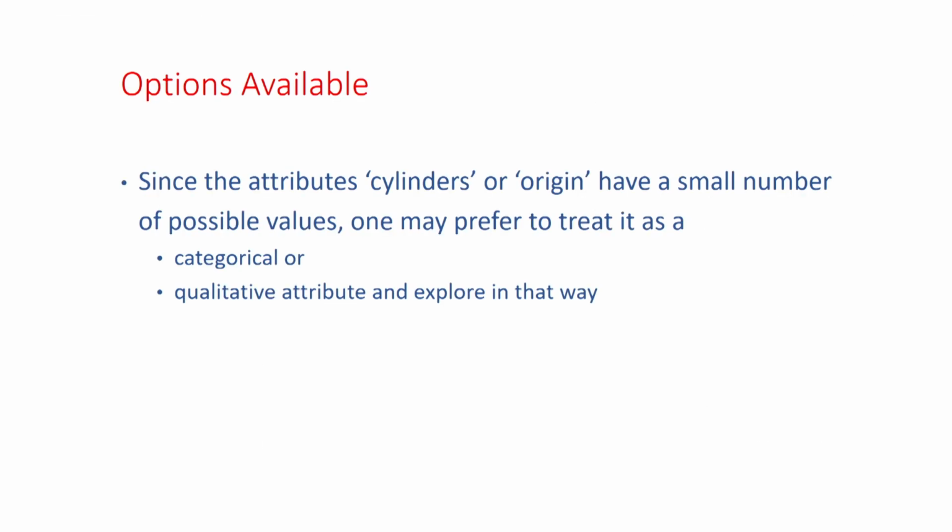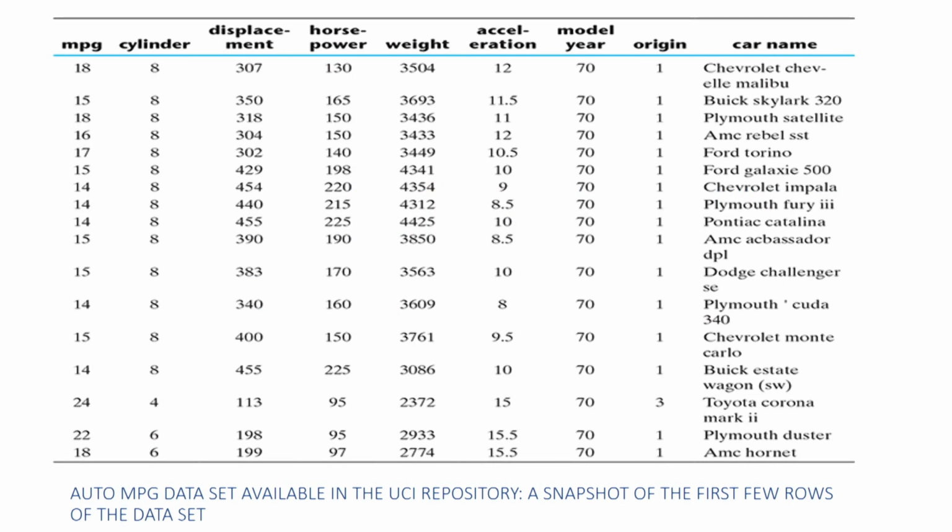Now, there are chances that a few attributes can be taken as either categorical or numerical. It will depend on your choice, or on the problem that you are solving. For example, if you see cylinders, there are only 3 values present here, 8, 4 and 6.